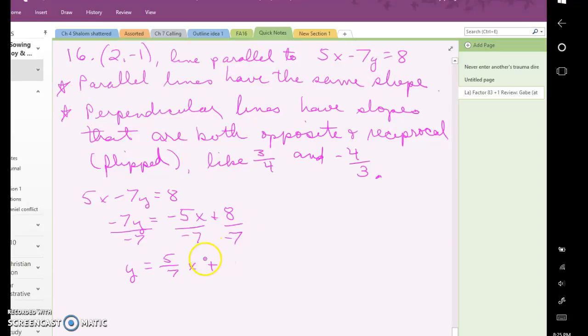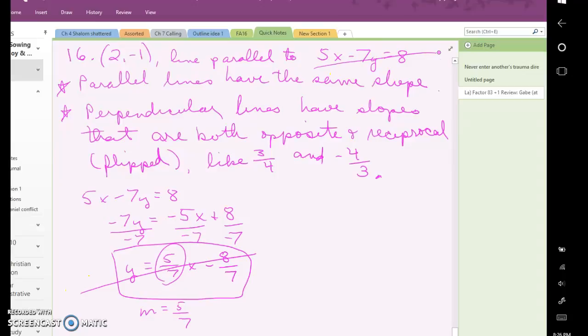Oops, so that should be minus. Okay, so here's the equation of the first line written into y equals mx plus b format, where the slope is 5/7. That is all we need from this first line, so we don't have to consider it anymore.